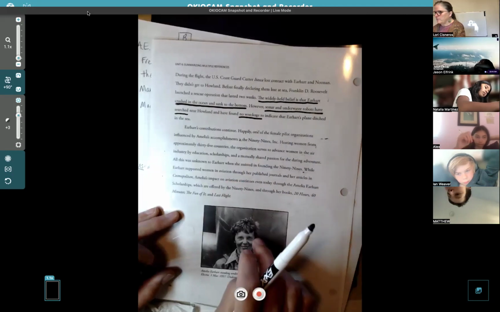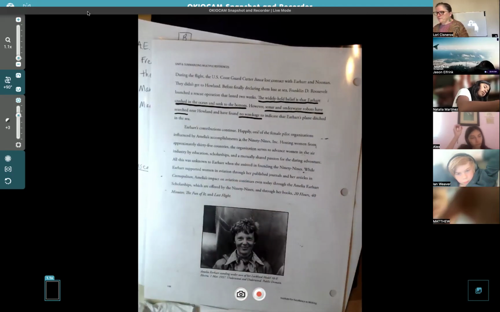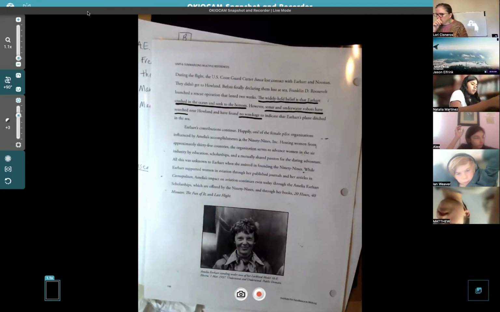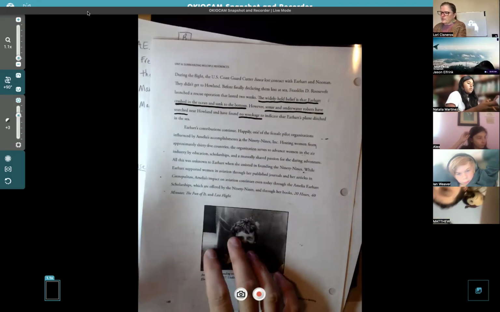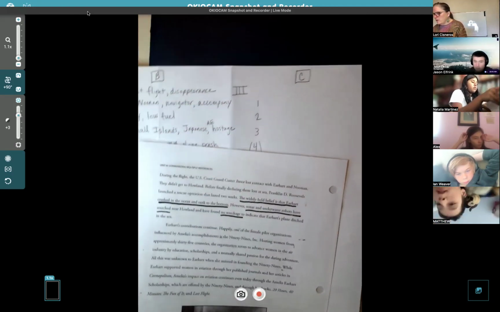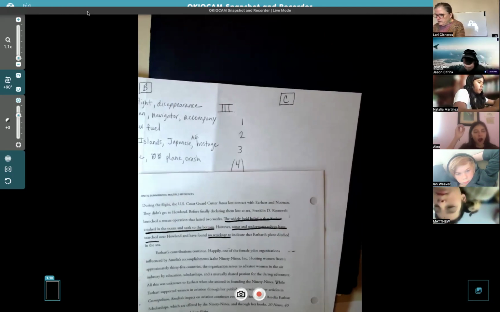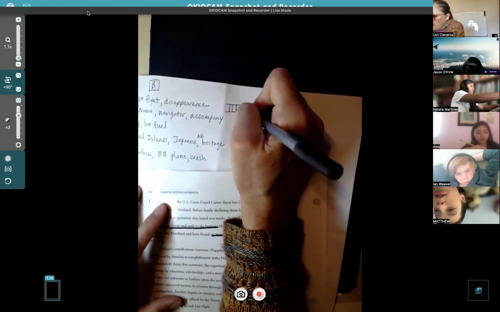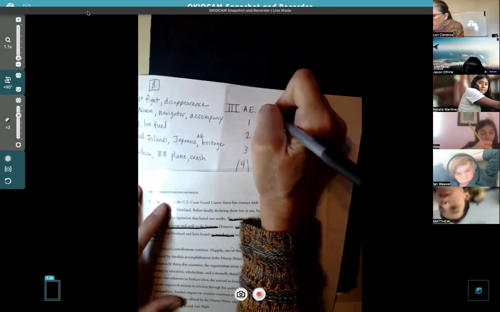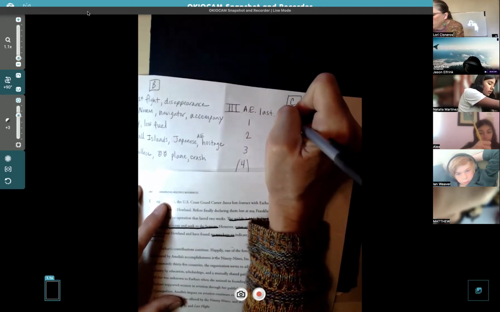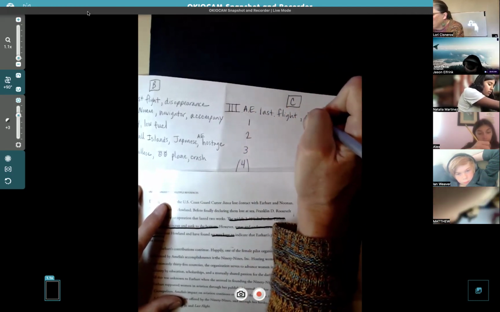No wreckage. We didn't find a whole lot new on this one. So for C, go ahead and put the topic AE, last flight, disappearance.